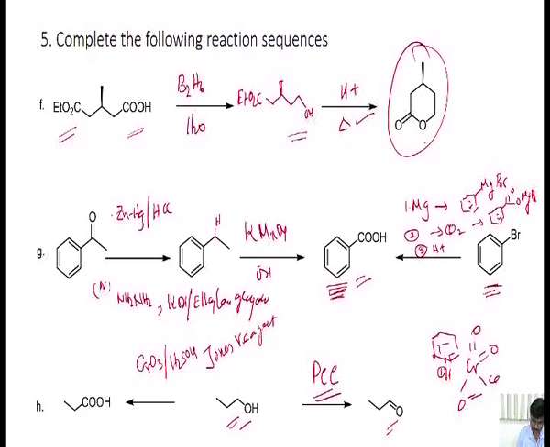So depending upon the reagent, you can selectively oxidize primary alcohol to aldehyde or carboxylic acid. There are several methods available. This is one of the common methods we use for the oxidation of alcohol to aldehyde and carboxylic acid.